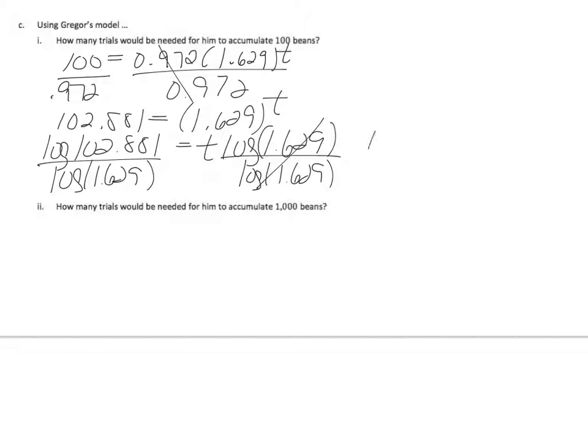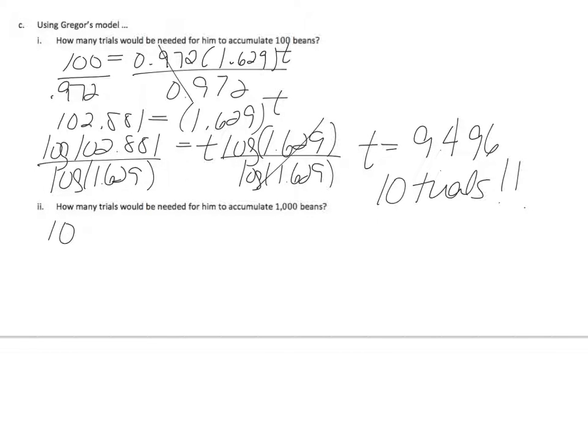Those cancel out. I'm left with t equals log of 102.881 divided by log of 1.629. Time is 9.496, so about 10 trials.